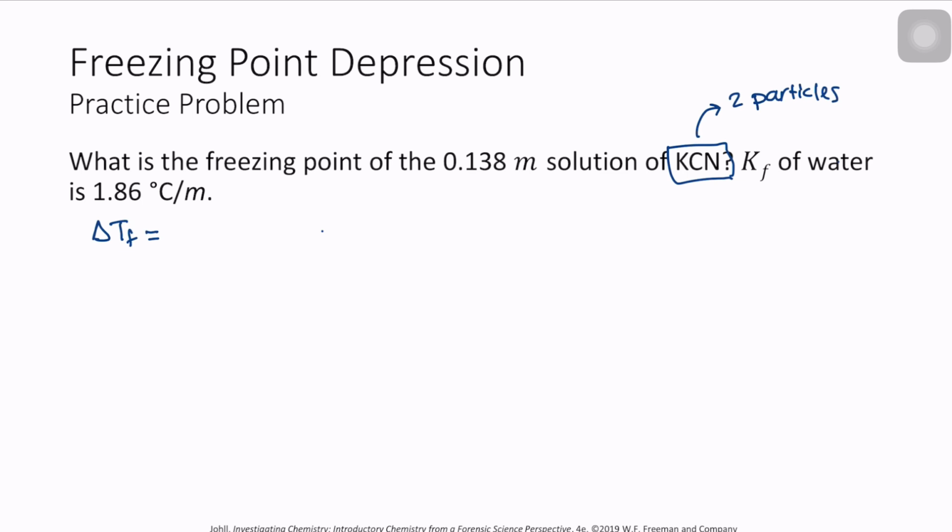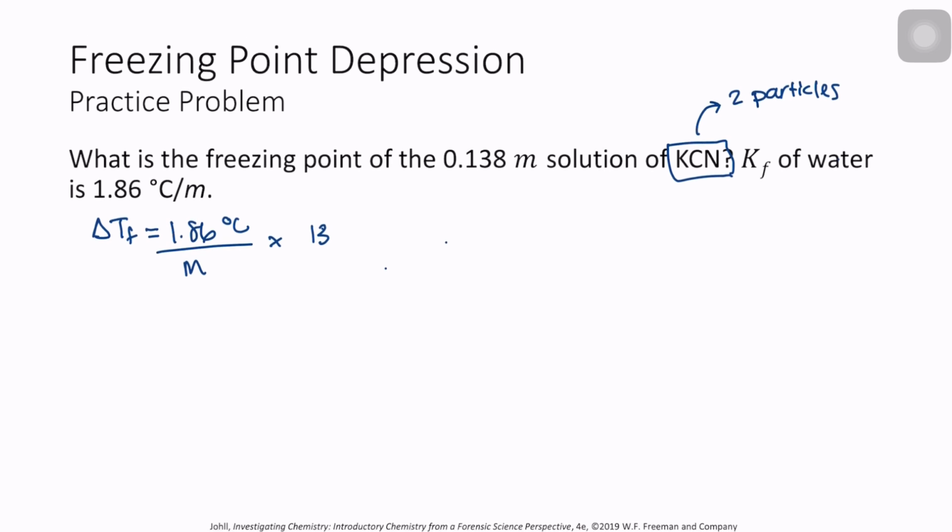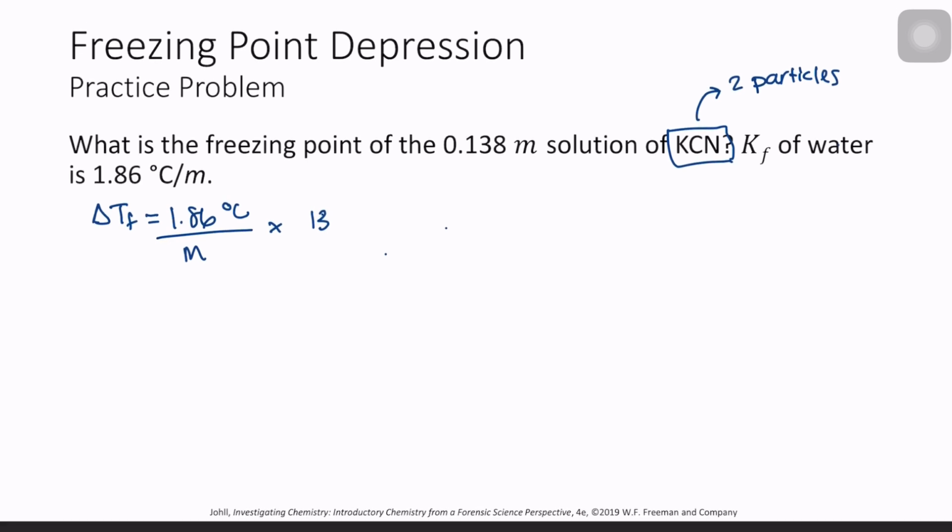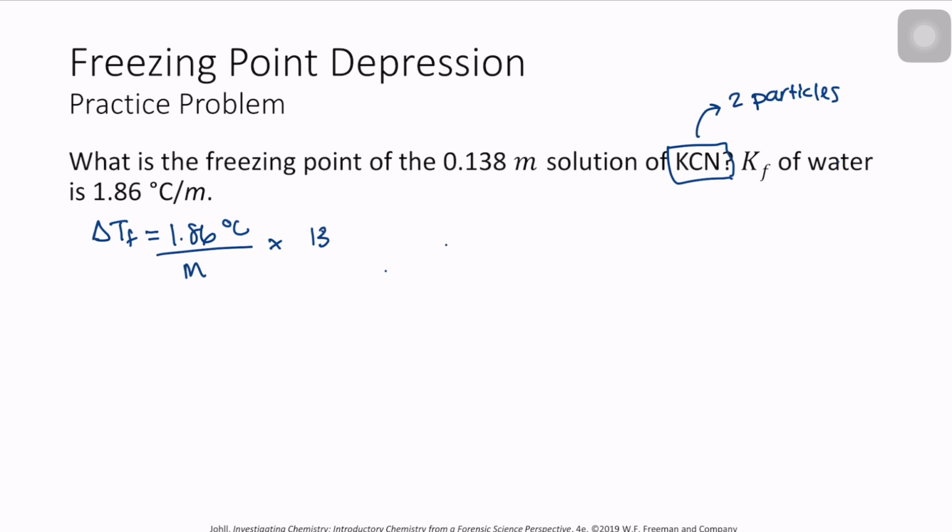So the Kf value for water is 1.86 degrees Celsius per molal. And we can multiply that by the molality, which is 1.38. And we have two particles present.